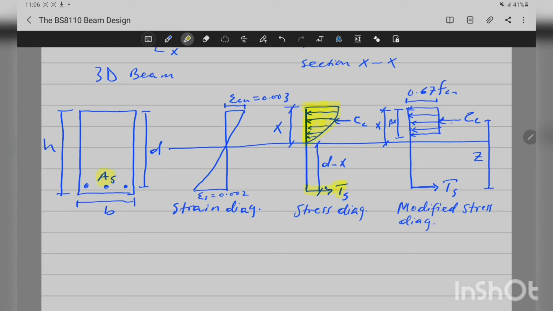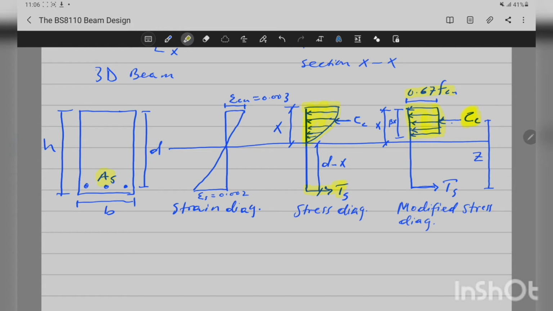The code modified this stress block for simplicity of analysis and design. So now we have a rectangular stress block with intensity equal to 0.67 FCU, and the centroid of this force, the resultant of the compressive force, is here, acting as the resultant CC.